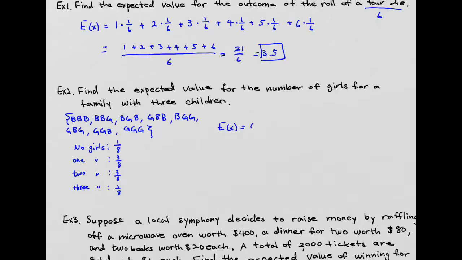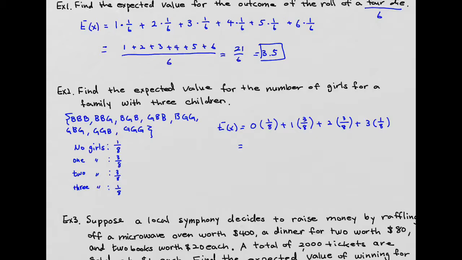No girl, and the probability will be 1/8, plus they can have 1 girl, and the probability of that will be 3/8. They can also have 2 girls, probability 3/8, and they can have 3 girls, which is a probability of 1/8.